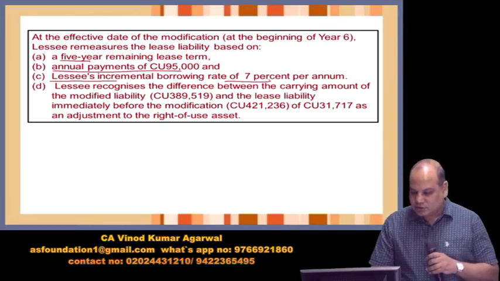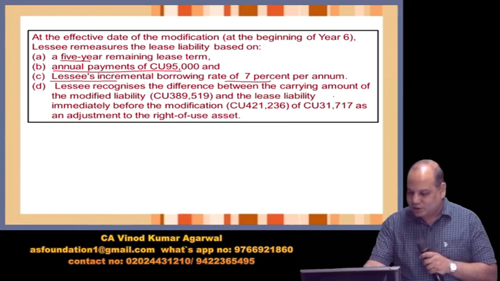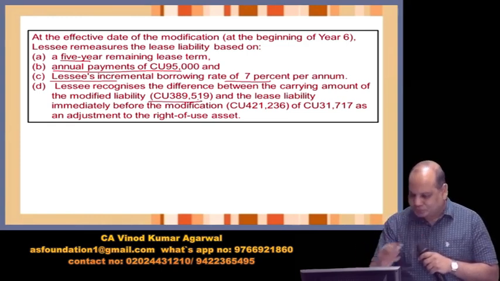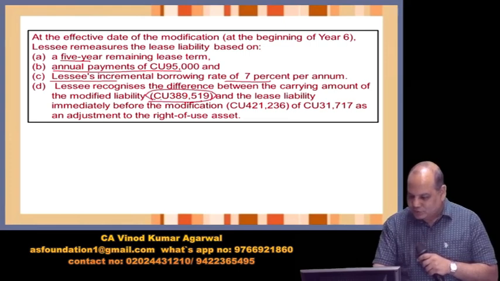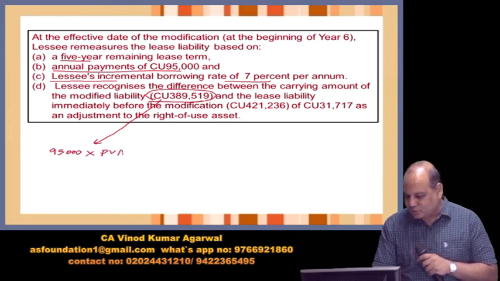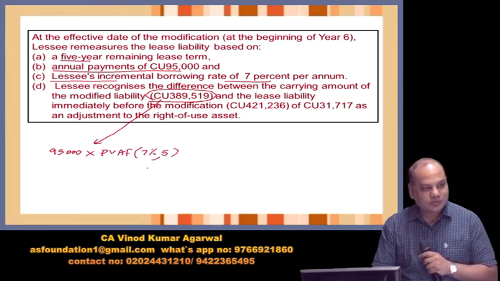Lessee recognizes the difference between the carrying amount and the modified liability. Now how has this number come? 95,000 into PV annuity factor, 7%, 5 years. Check. Done.